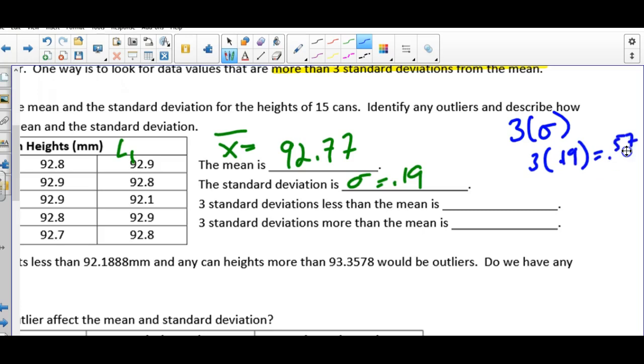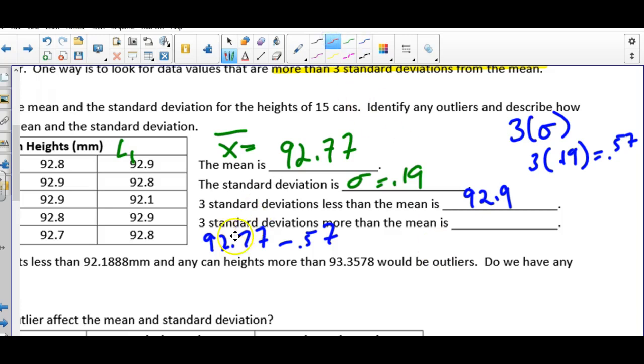So this is 3 standard deviations. Now, to be specific, the question says 3 standard deviations, which is 0.57, less than the mean. Here's the mean, so if I go 92.77 minus 0.57, I'll get, let's see here, 92.2.